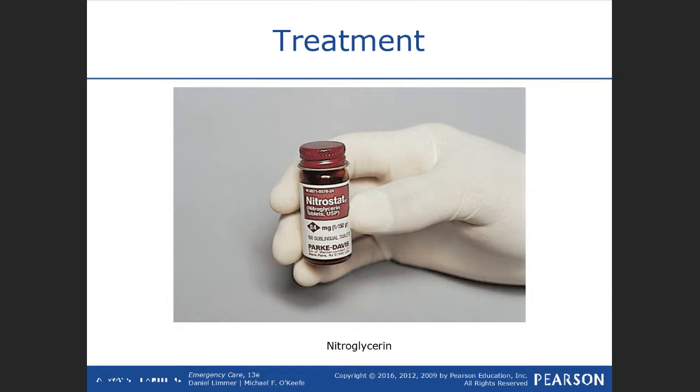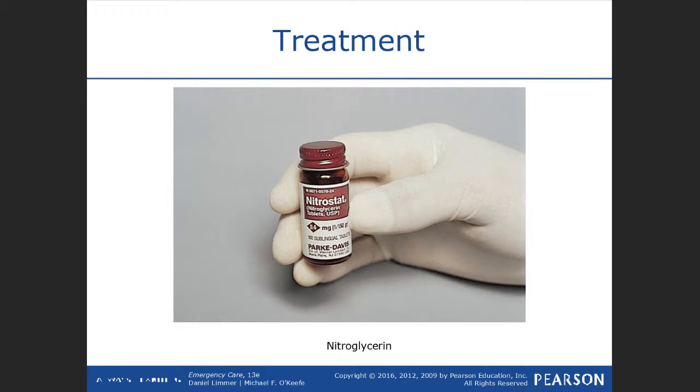It's going to open up the coronary arteries. It may open up the coronary artery that's partially blocked. It's going to open up the veins as well, so it's going to reduce workload of the heart. It's going to allow the blood vessels to deliver more oxygen to the heart, and it may significantly reduce chest pain. It may not, in which case something else may be going on.